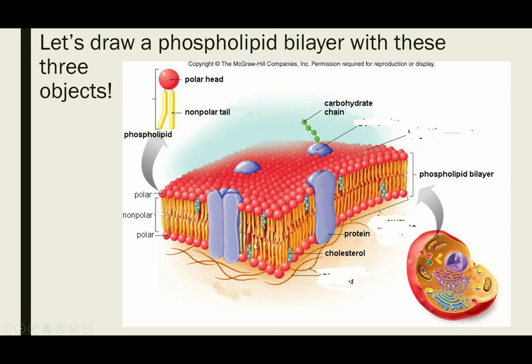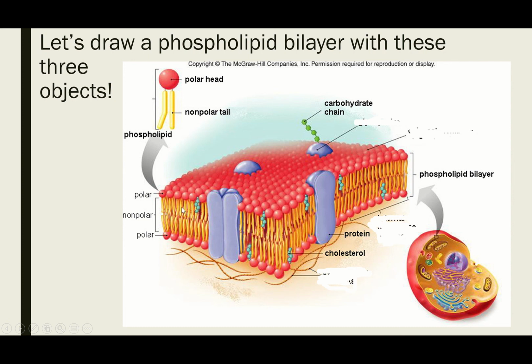These little greenish blue guys are cholesterols. Make sure to label those. The purple is the protein, and then this green sticking out is our carbohydrate chain. It's a name tag. And you can see here that they took the red of this cell membrane and blew it up. So if we kept growing this and growing this, it would eventually form the whole circle of the cell.